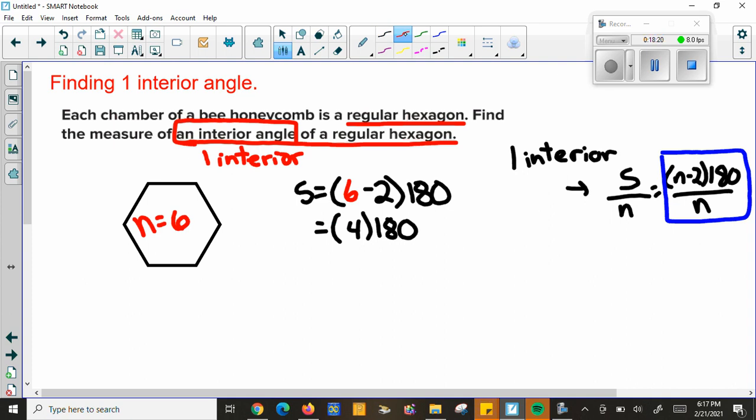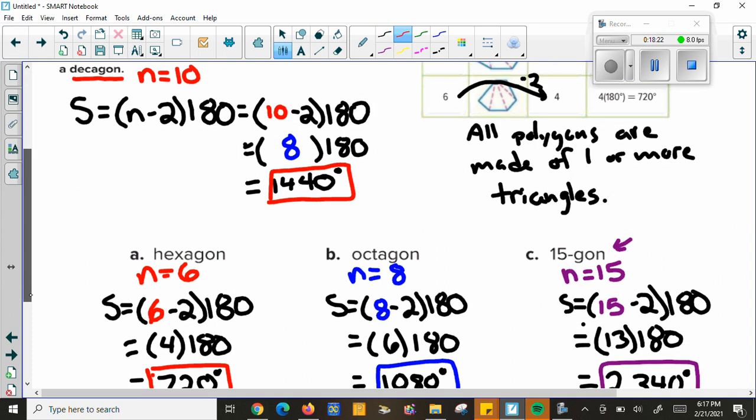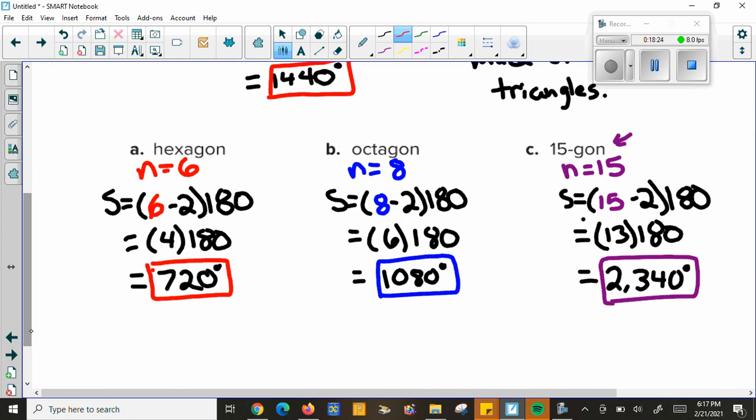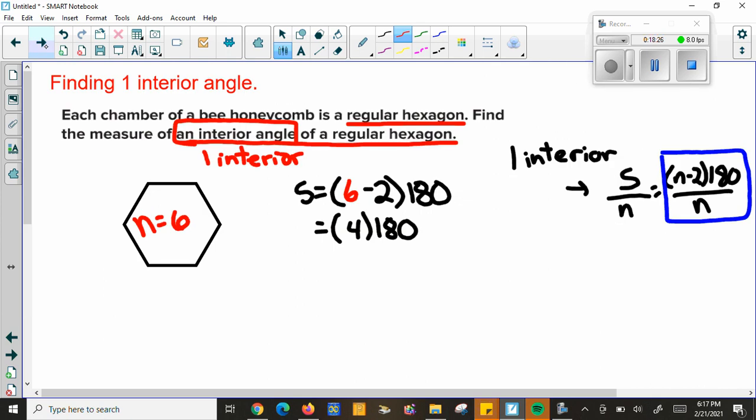Let's see, what was our answer before? Our answer was 720. So that's 720 degrees. But again, that's the sum of all 6.